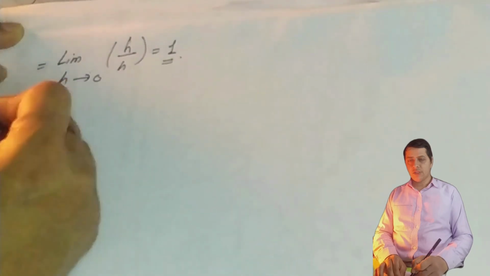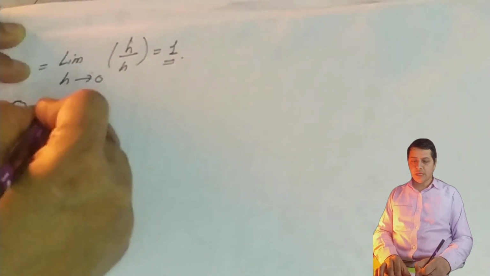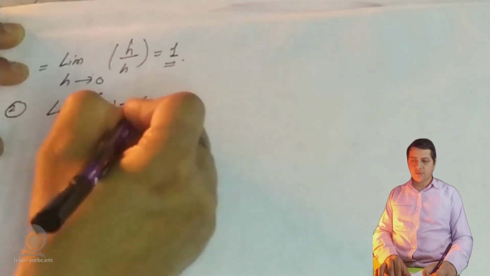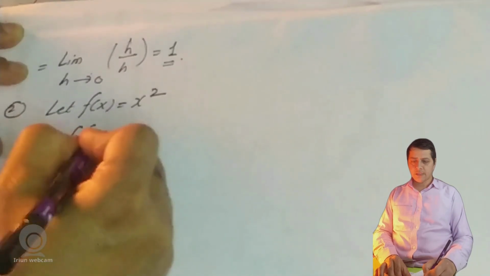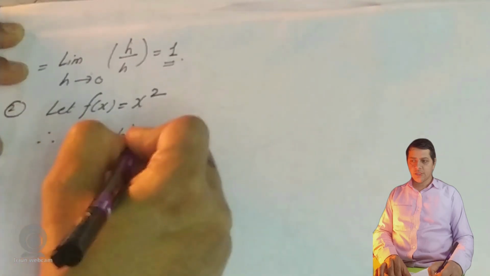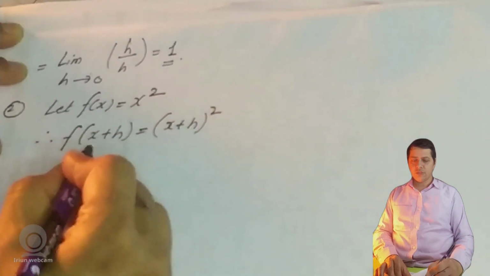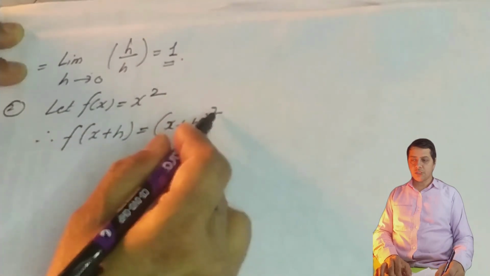Now let's go with the second one. Let f(x) is equal to x square. So f(x+h) is equal to (x+h) whole square, because we are putting square on both sides.